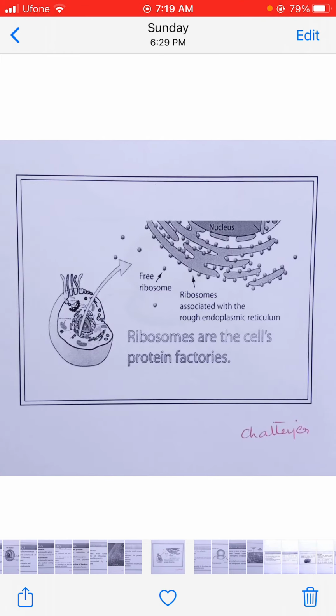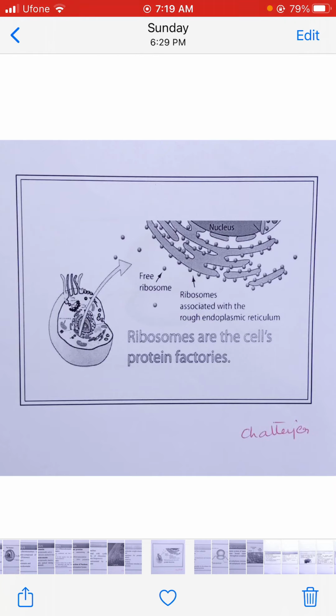So this is the structure of the ribosomes. Here you can see the ribosomes are the protein factories. Different protein factories in connection with the nucleus are present, and some of them are associated with the rough endoplasmic reticulum.